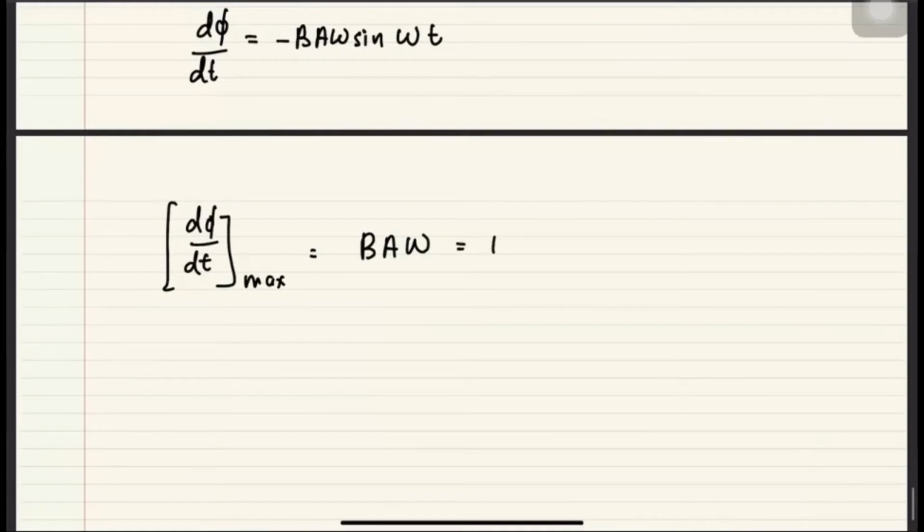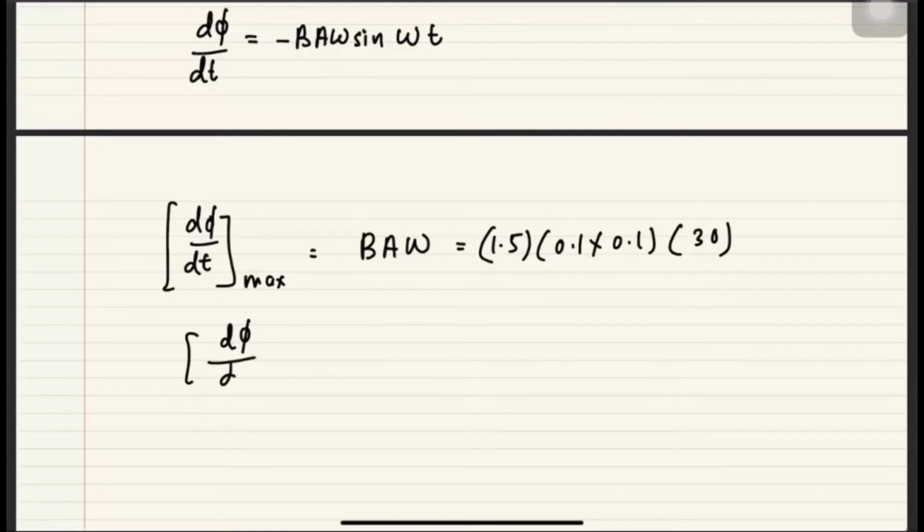Dia akan substitute 1.5, area is 0.1 times 0.1, omega tadi adalah 30. Is 0.45. The unit will be Weber per second. Mana per second tu sebab dia adalah flux per second. Flux is Weber, per second is 1 over second.